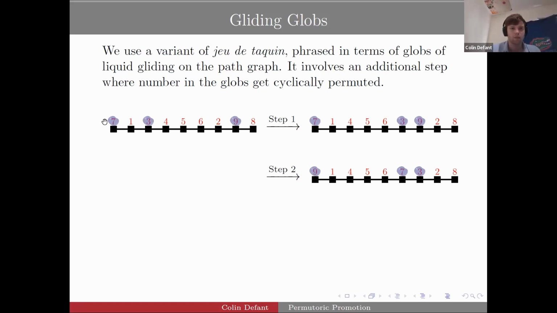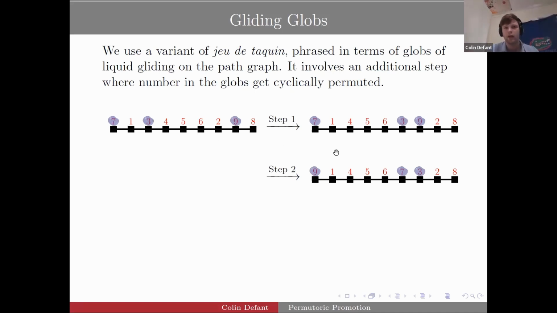So here I have my labeling of a path graph, and I put some of the numbers into these globs of liquid. And then the globs are going to glide along the path according to some rules that I'm not going to tell you. But in this example, the 3 glides through the 4, 5, and the 6, so it goes over here. And then the 9 glides through the 2, and then the 7 just didn't glide anywhere, it just stayed put.